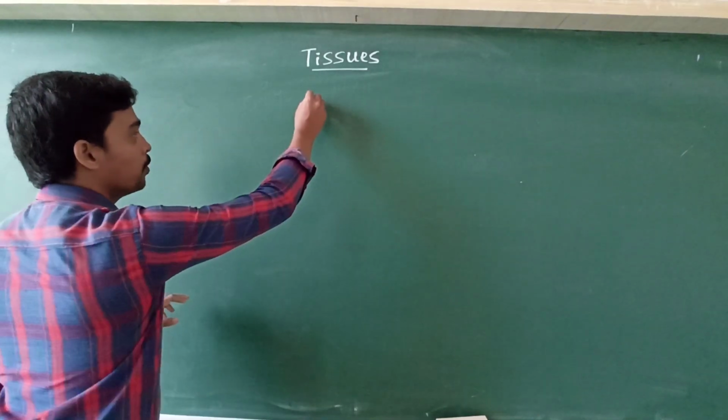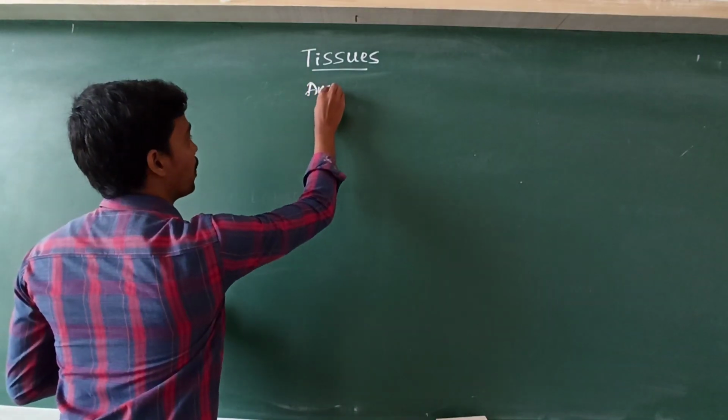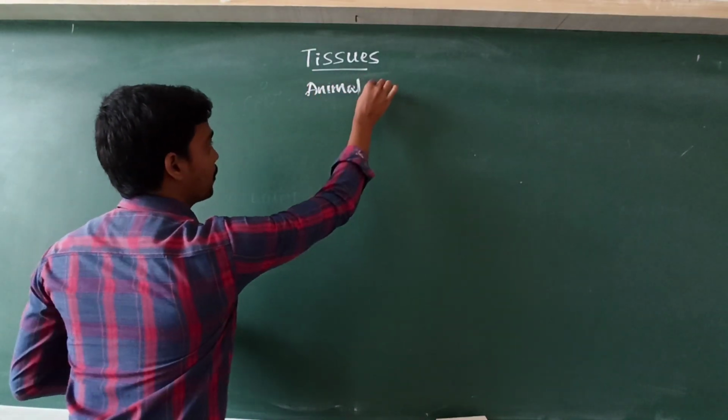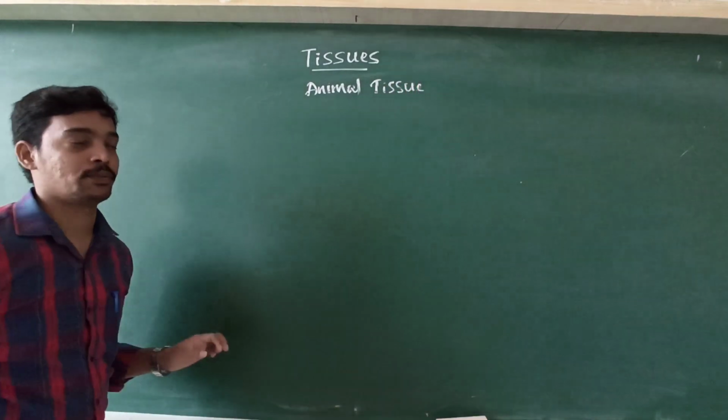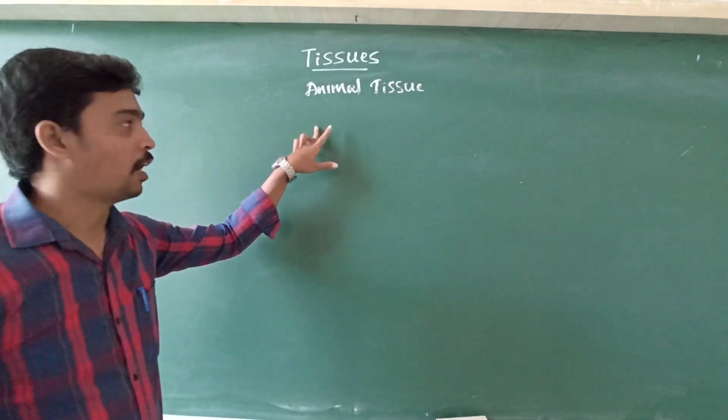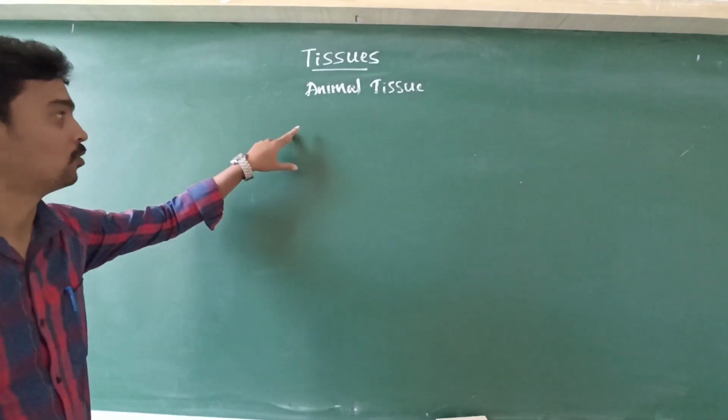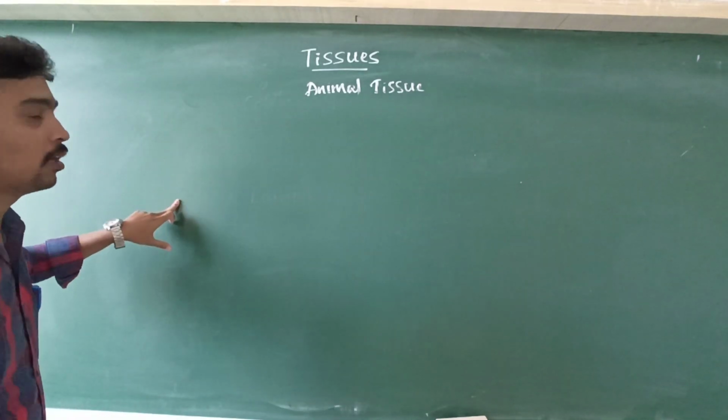Next, the animal tissue. What are the types of animal tissue? How do we classify animal tissue? In animal tissue, there are four types.